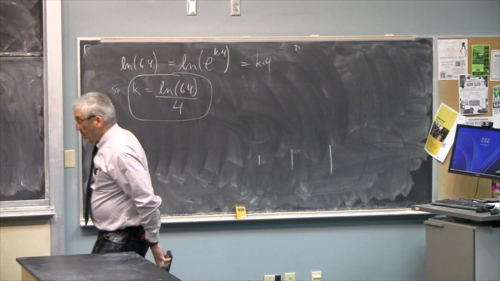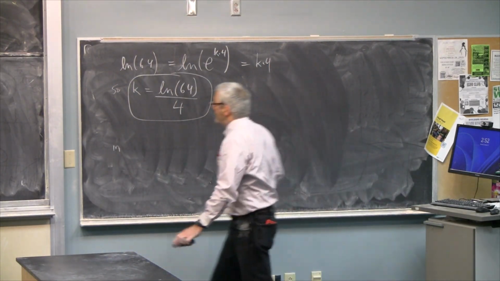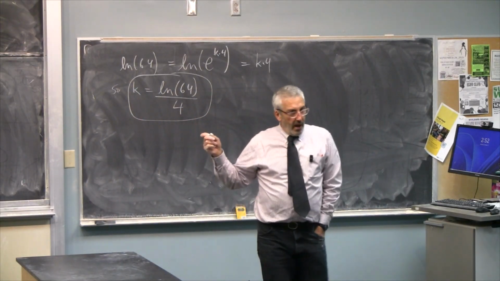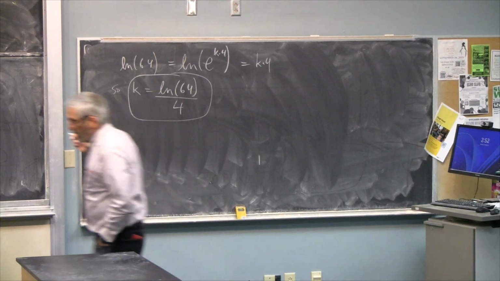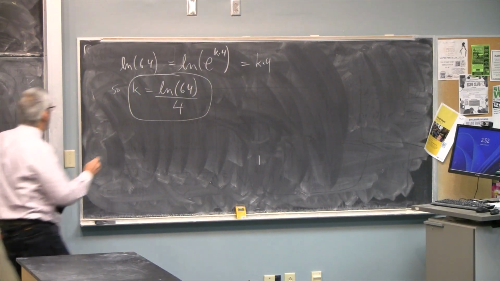Question B is find the initial population. Oh, so notice, I've got a generic form, but now I've got an update. I know what k is. So let's update our form.